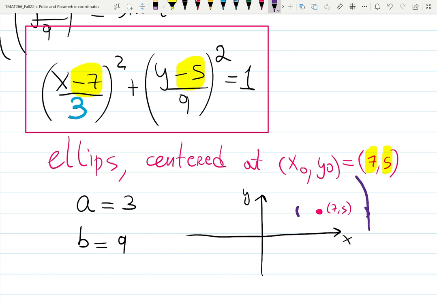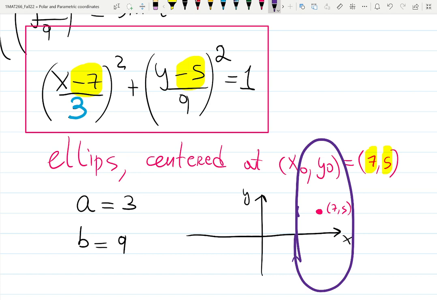So the ellipse is looking up, like so. If they were both 9 and 9, then the radius will be 9, so that will be a circle. Does that make sense? We are redefining simple shapes, which we learned from school, using parametric equations. That is the idea here.